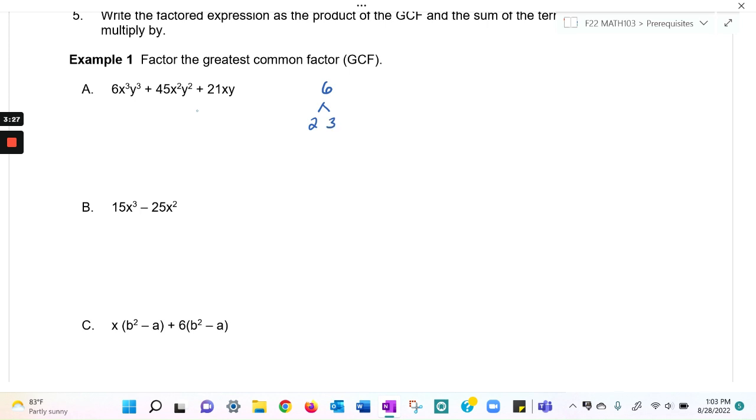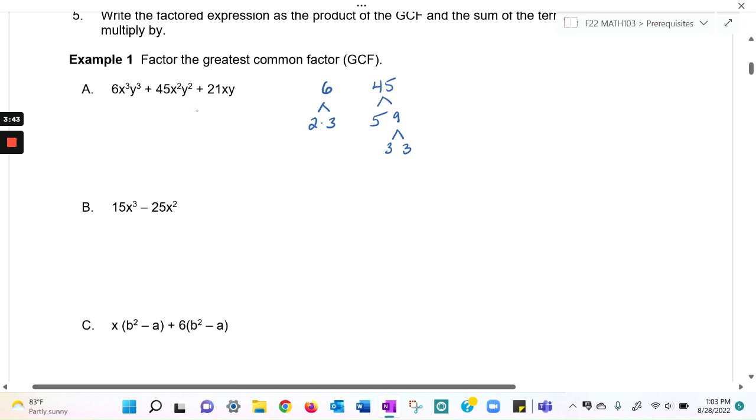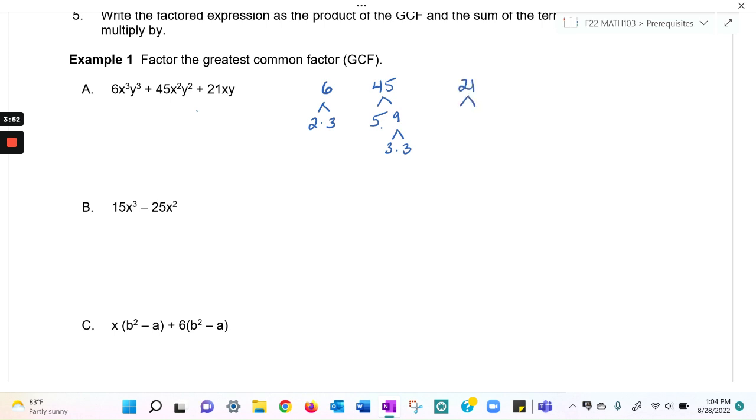You want to break it down into factors, so 2 times 3. And then 45, you might start with 5 and 9, or 3 and 15, but you want to break it down as much as possible to see exactly what it takes to get to 45. So this is the prime factorization. We have 5 times 3 times 3. And then finally 21 would be 3 and 7, and those are both prime.